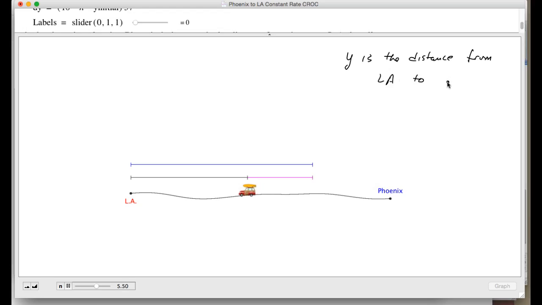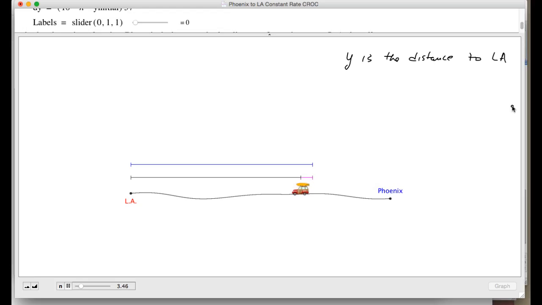Oh, it's distance to LA. As you're driving from Phoenix to LA, y is the distance to LA. Okay, so I think that's how they frame the situation.